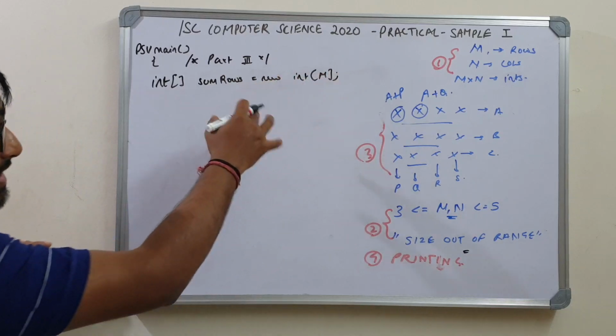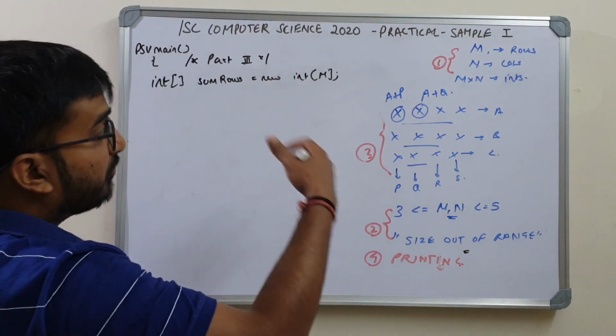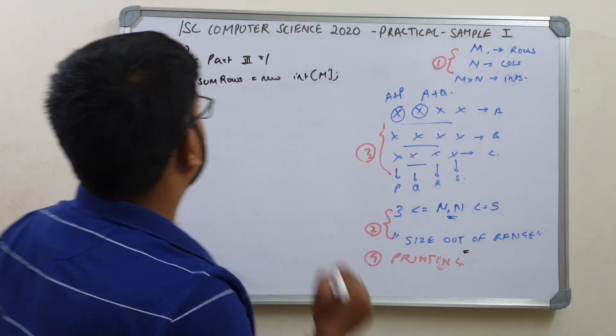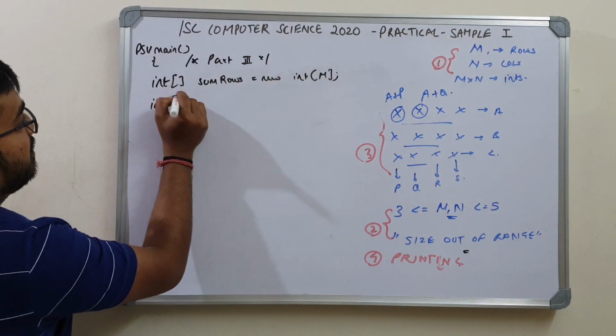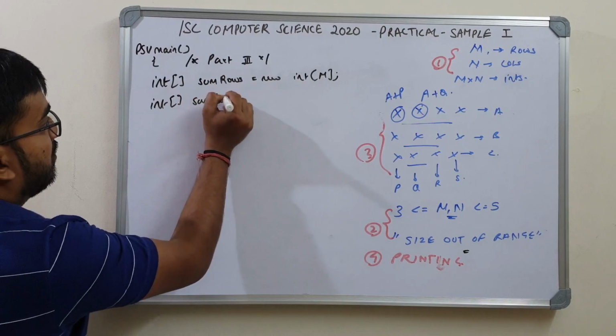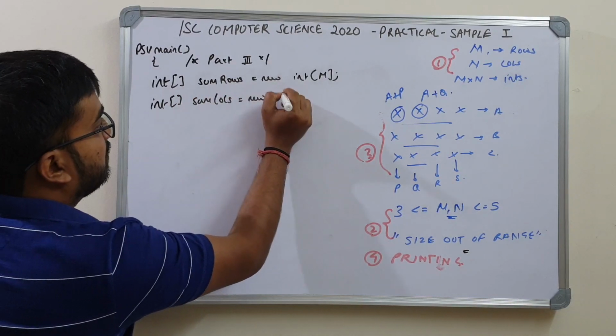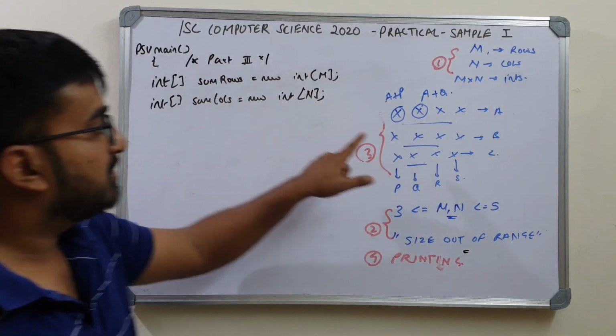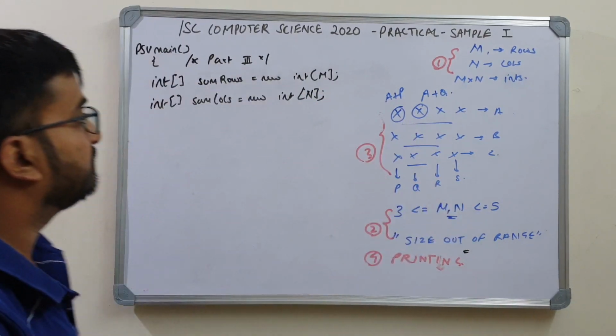The number of sums that I need to store is equal to the number of rows, which is m. Then I have number of columns as n. So I'll say int sumCols equals new int n. Okay, sum of each column. Number of columns are n.